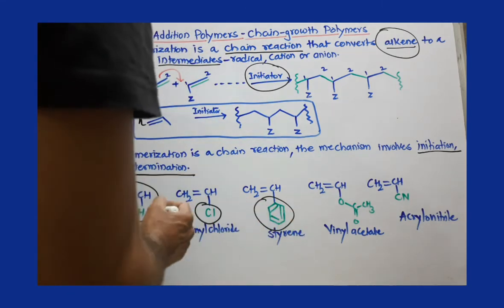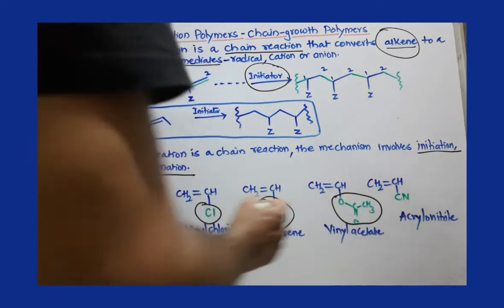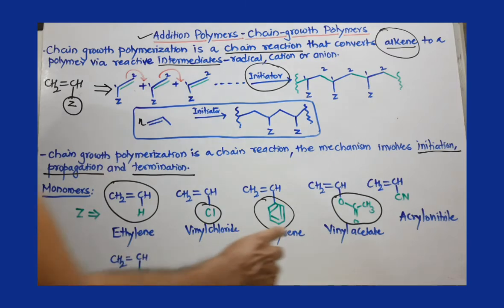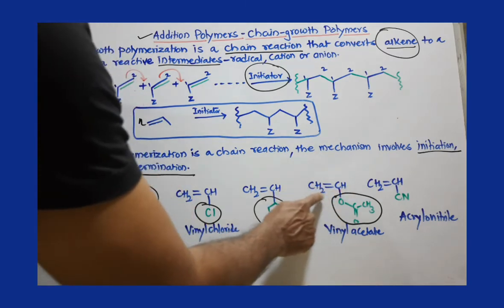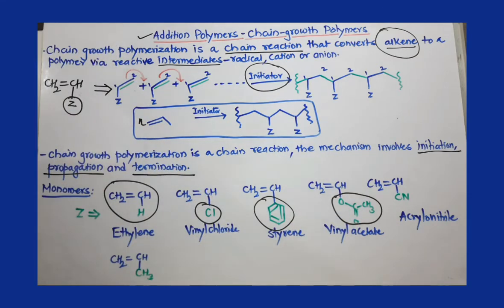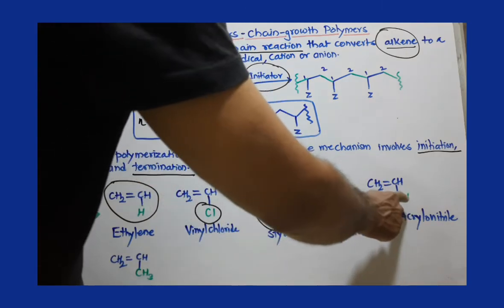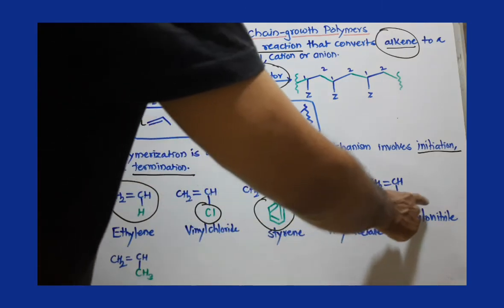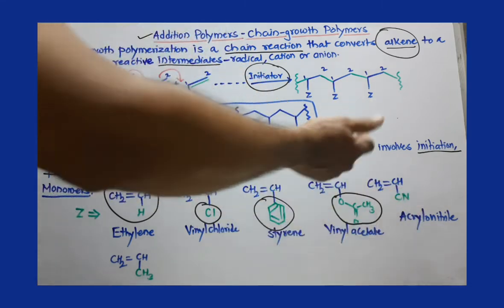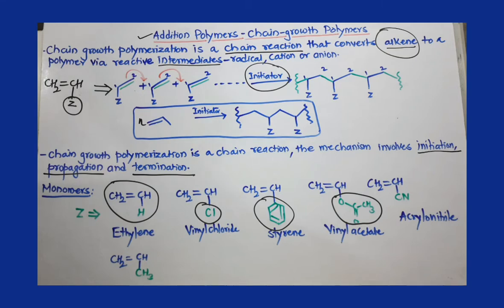Or you can replace H of ethylene with this acetate moiety, we call it vinyl acetate, because this group is a vinyl group. So this is vinyl acetate, and the polymer you are getting is polyvinyl acetate. If you replace H with CN, where Z is CN, we call it acrylonitrile, and the polymer is polyacrylonitrile, a very popular polymer.